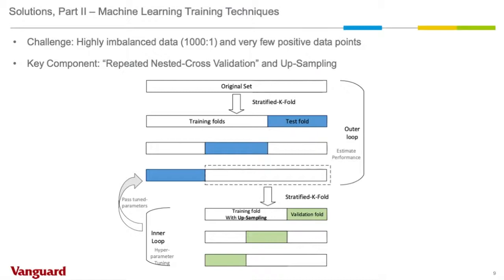That causes problems for the typical machine learning algorithm, where they expect roughly equal class distribution. So in order to confront that problem, we introduced a repeated nested cross-validation method and upsampling to help our machine learning algorithm learn.